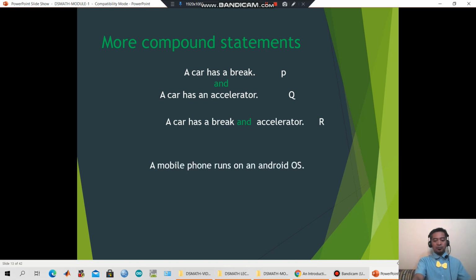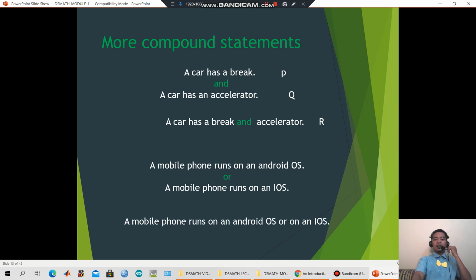Okay. Ito, yung mga gadget guys dyan. A mobile phone runs on an Android OS. Well, the second statement is, a mobile phone runs on an iOS. So, AND or OR, bakit po? Pwede ba yung sabay? I don't think so. Can't be, right? Para sa mga techie guys, hindi po siya sabay, no? Dapat mamili ka lang.